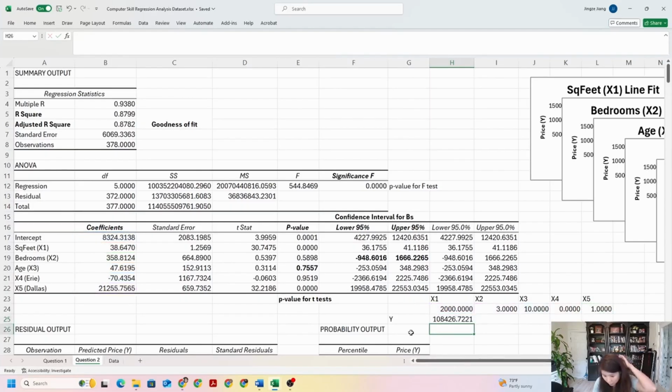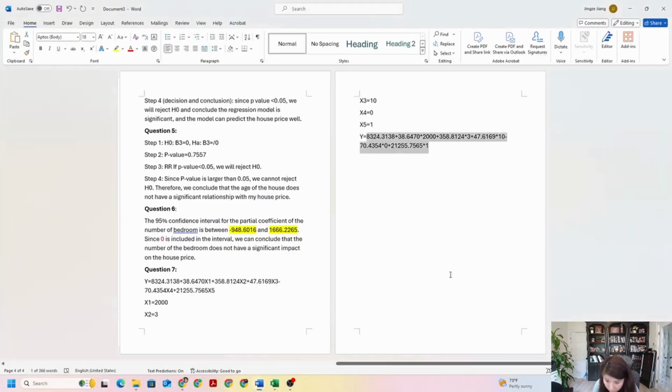Here it goes. If the house has 2,000 square feet of heated floor, 3 bedrooms, 10 years old, and is located in Dallas, the house is $108,426. Okay, so that is my answer. I'm just going to copy that value and come back here. So that is the housing price I predicted, right?